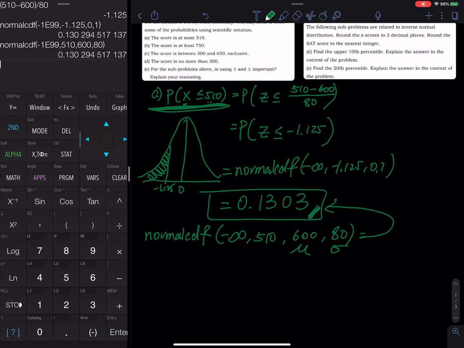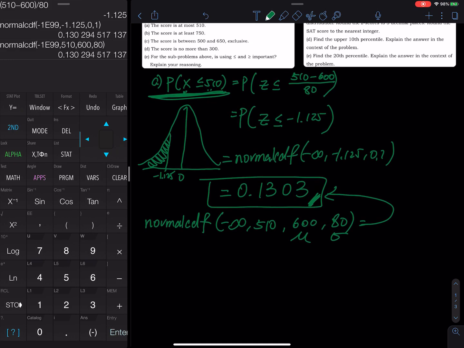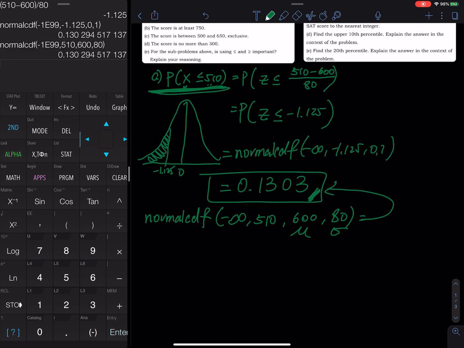All right, let's do another one. The next one is at least 750. So B is the probability that X is greater than or equal to 750. First we standardize, change the X to a Z, using X minus mu divided by sigma, and then we calculate what it is.